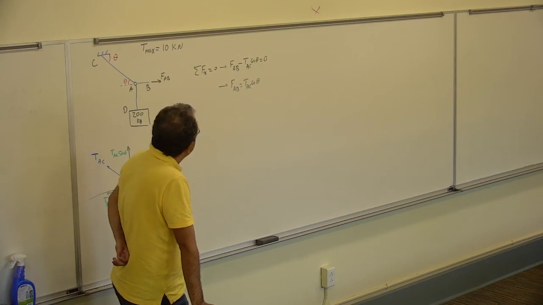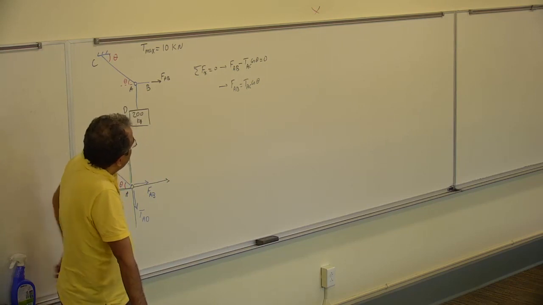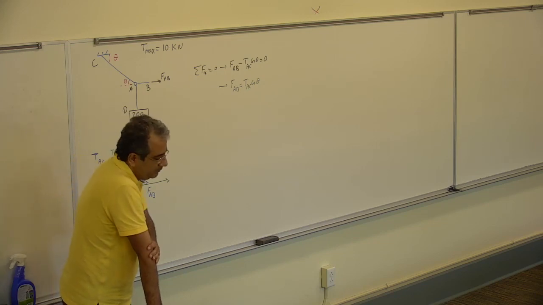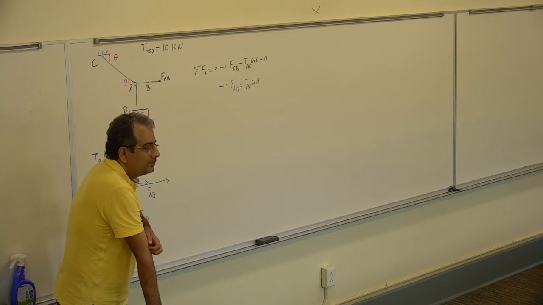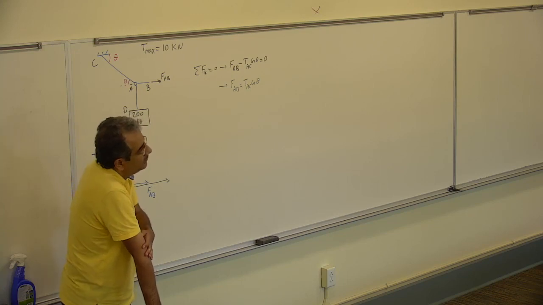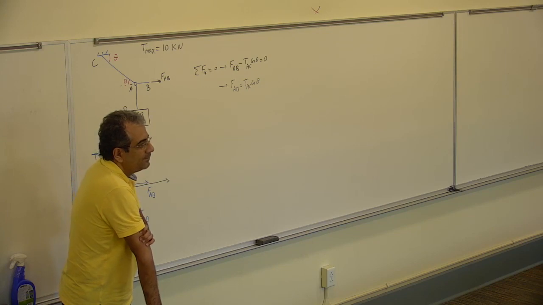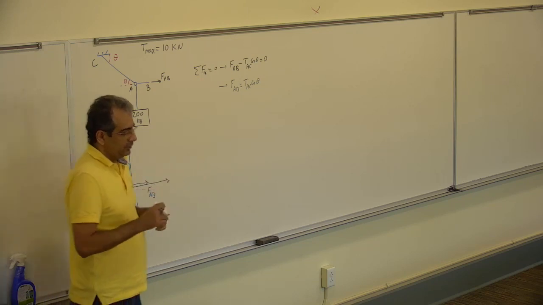Why does that work? Because they're canceling each other out, because the object isn't moving. If I have that equation, what can I say about FAB and TAC? What's the range of cosine theta?